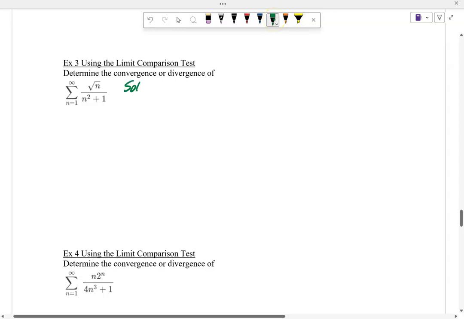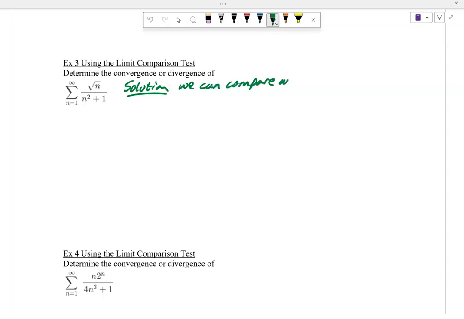So let's look at this one. Disregarding all but the highest powers of n in the numerator and denominator, we can compare with square root of n over n squared, which is 1 over n to the 3 halves, if I clean that up.